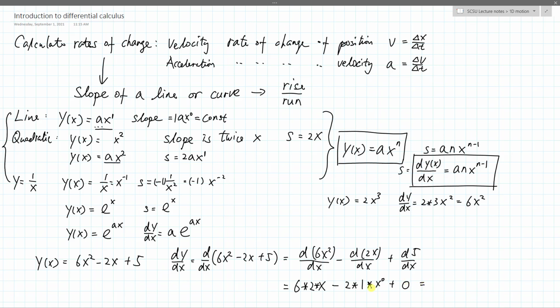So if we sort this out, we have 12x minus 2, right? X to the 0's power, this is a 1. Okay, that's first part.